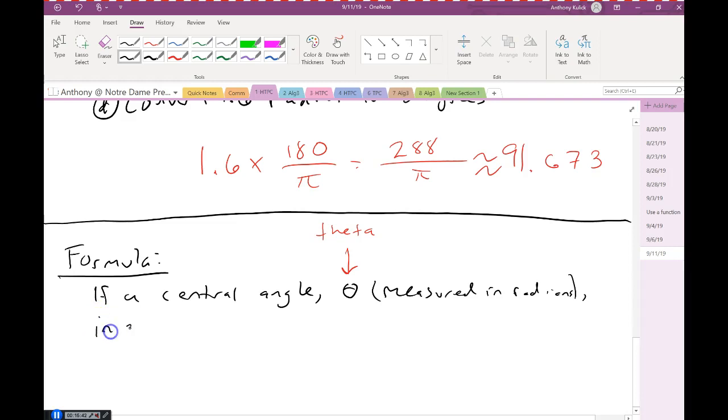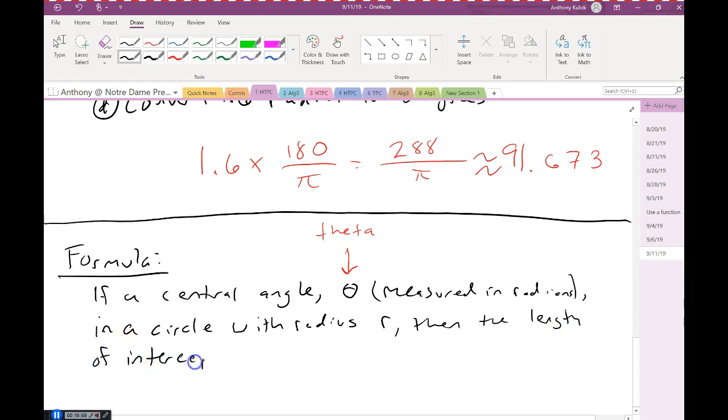Okay. Continuing on. In a circle with radius r, the length of the intercepted arc is given by S equals r theta.